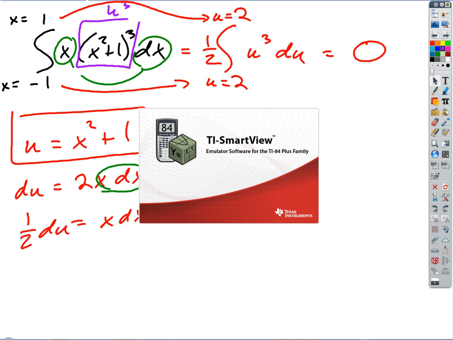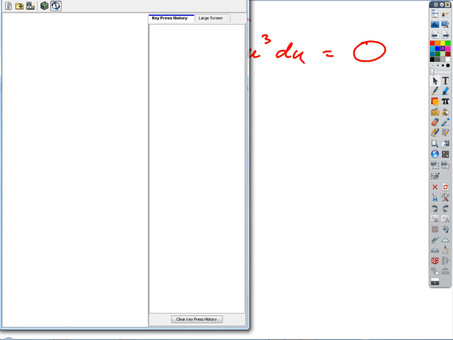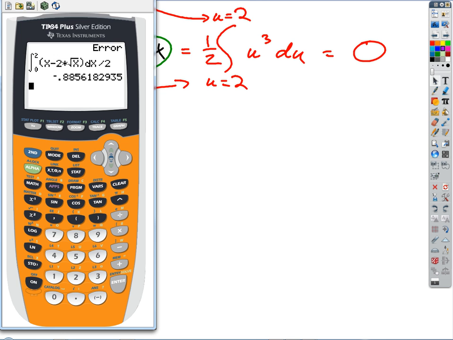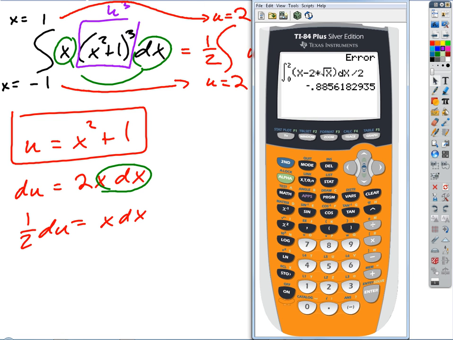So let's look at this area in two ways, because this is pretty tricky. Let's start off by graphically looking at the area on the original function.